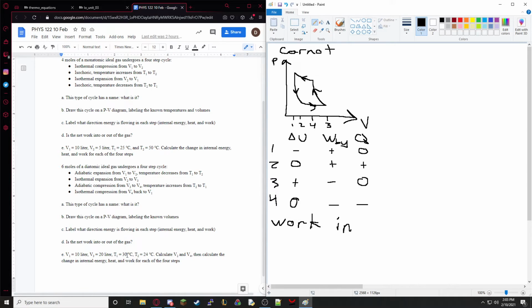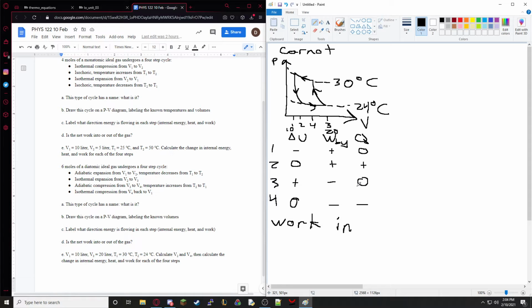And then we have T1 is 30 degrees Celsius, and T2 is 24 degrees Celsius. Let's go ahead and calculate V2 and V4, and also calculate the internal energy, the heat, and the work for each of the 4 steps.